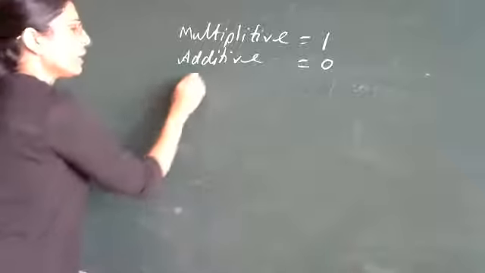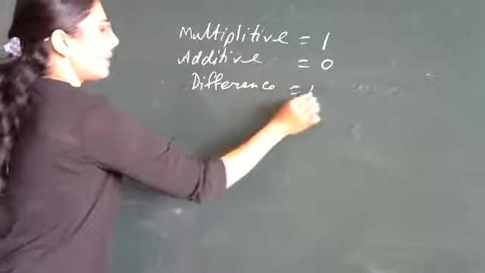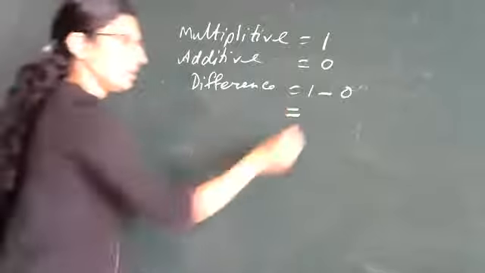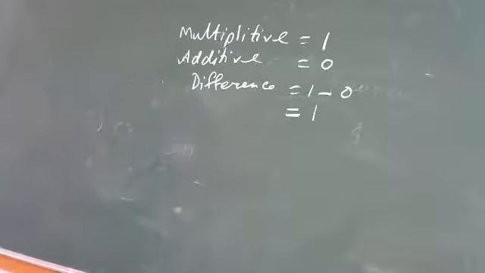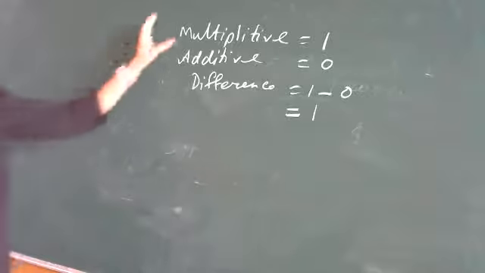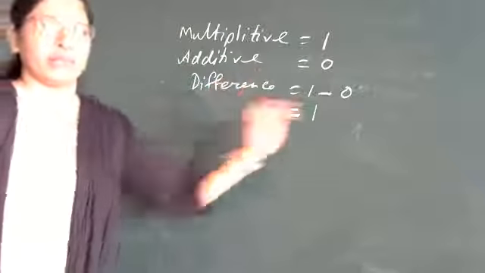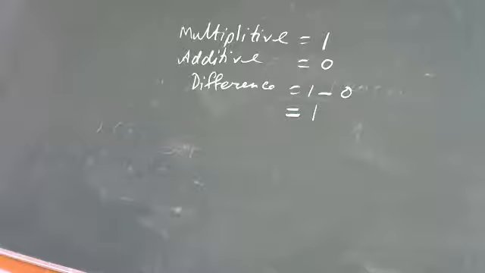They are asking for the difference. So 1 minus 0, what will be the answer? 1. Okay, this is the answer. You have to write multiplicative identity, then additive identity and then the difference. Like this you should write. Okay. Next one.